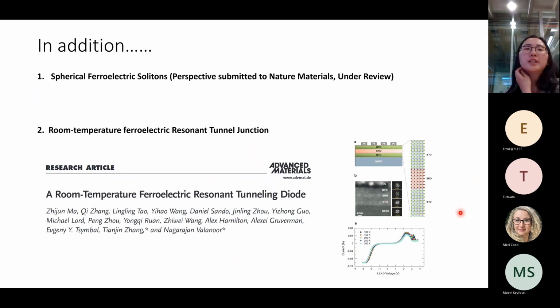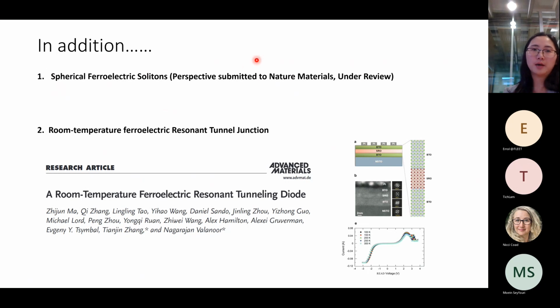In addition, I would like to introduce a few of our other recent works. One is an invited perspective, submitted to Nature Materials, which is under third revision, so it's very promising. This is on the spherical ferroelectric solitons.